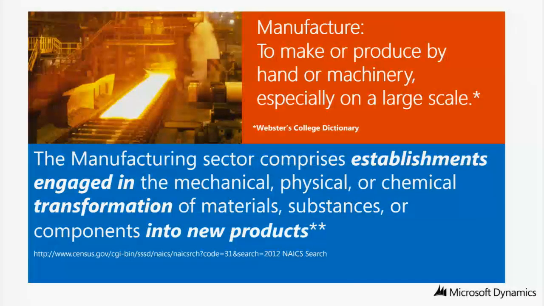Clearly, we'll talk about our CRM and AX platforms and how they provide a broad variety of features and functions to sell into manufacturing companies, only some of which support the function of production, and others support the other processes that manufacturing companies care about, like selling and servicing their products. So I just wanted to start off by saying the industry itself is just the set of companies that are classified as manufacturers. And certainly myself and my team, we care about all the features and functions that are necessary to support those companies.